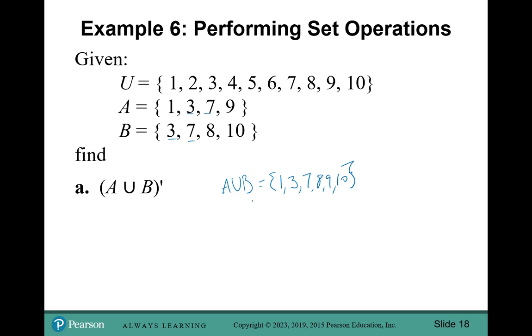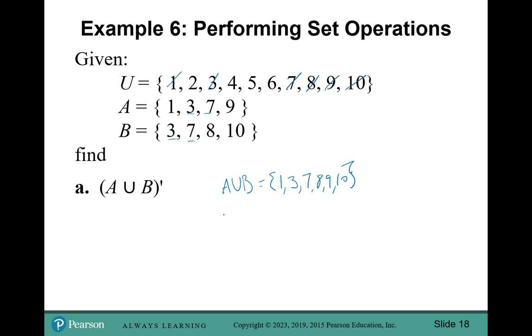For (A union B) complement, the opposite of this, I can go to my universal set here and cancel all these elements of A union B out. So I'm going to cancel out 1, 3, 7, 8, 9, and 10.